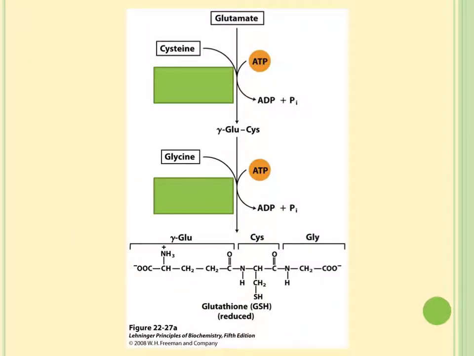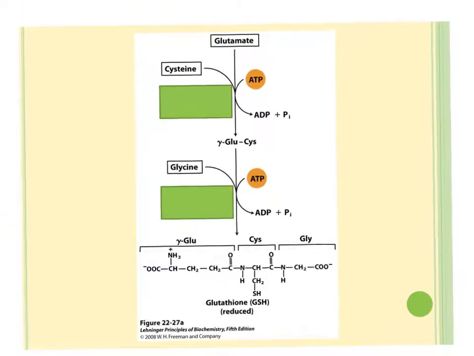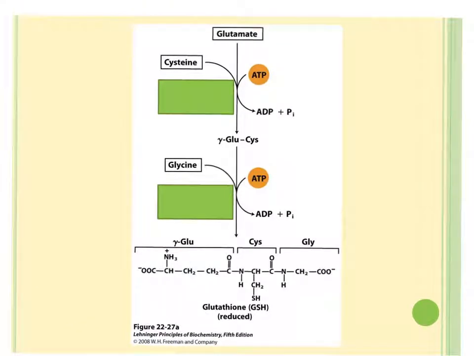Let me make this a little bit smaller. I'm actually going to point out, while you're looking at this, the gamma had to do with glutamate. How many carboxylates does glutamate have? Two, right? It's got the regular alpha one, and then it's got the one in the gamma position.